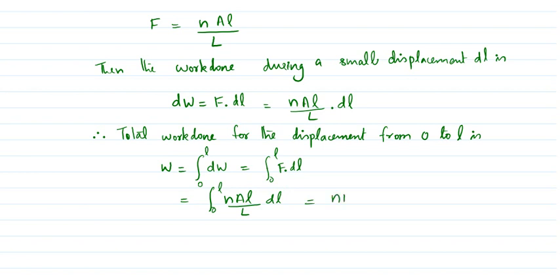NA divided by L, and L dL; by integrating L dL you will get L square by 2, and applying the limits.